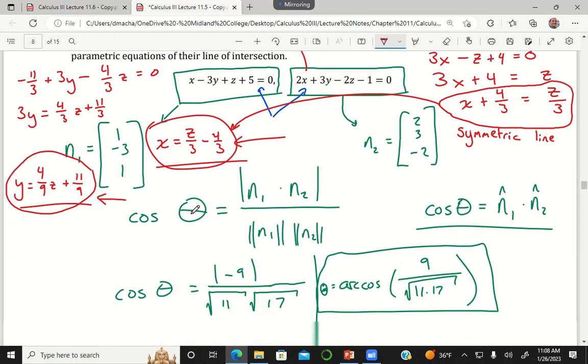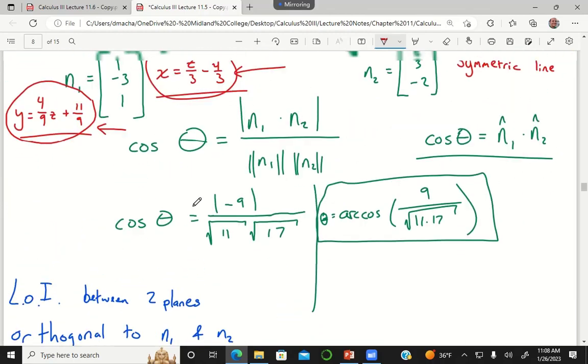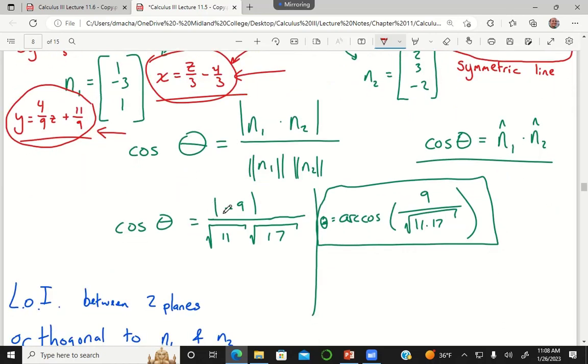Okay. So now if I just choose a z value, and for me, I'm just going to choose the easiest z value. I'm just going to choose z equals 0. I can get my x value is going to be negative 4/3, again according to that equation. And then my y value is going to be 11/3.